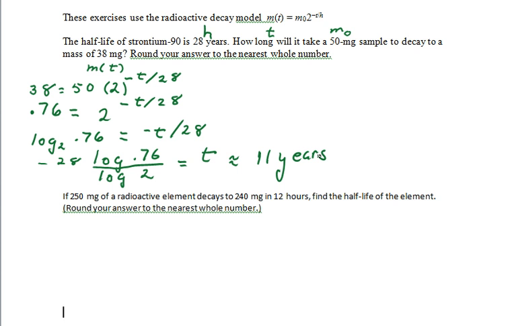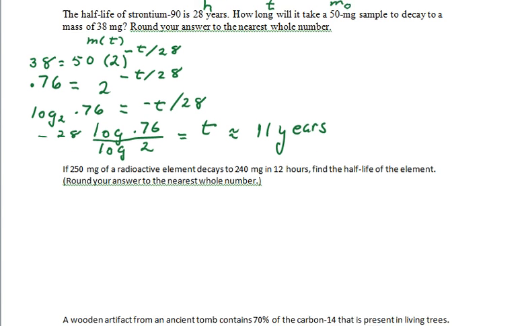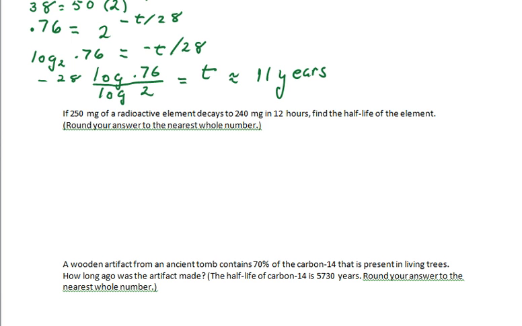All right, so going to the second example, we first of all will identify our variables. It says if 250 milligrams of a radioactive element decays to 240 milligrams in 10 hours, find the half-life. So this time, our m sub 0 is 250.